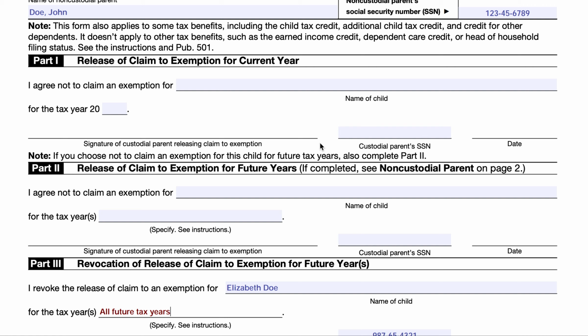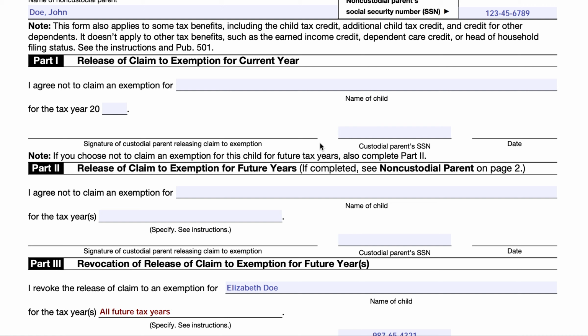So if Mary Jane Doe is releasing her claim for John Jr. on a different tax form, then that would mean that John Sr. can then claim either the child tax credit, the additional child tax credit, and/or the credit for other dependents, depending on that unique situation.